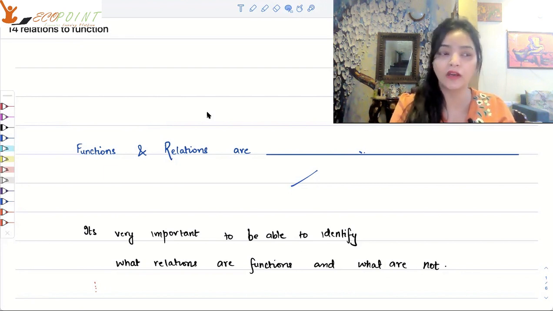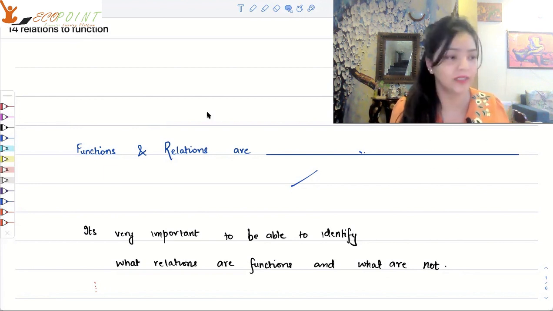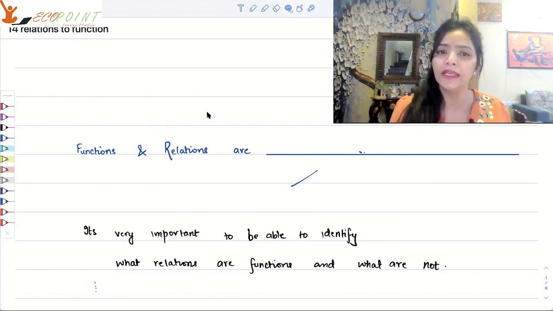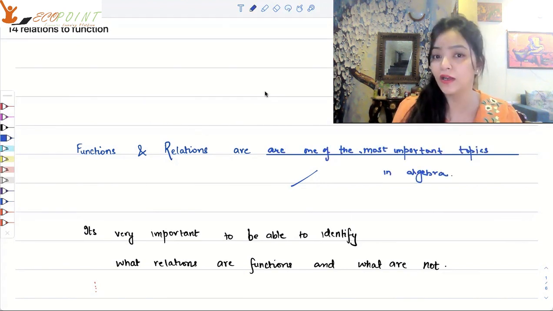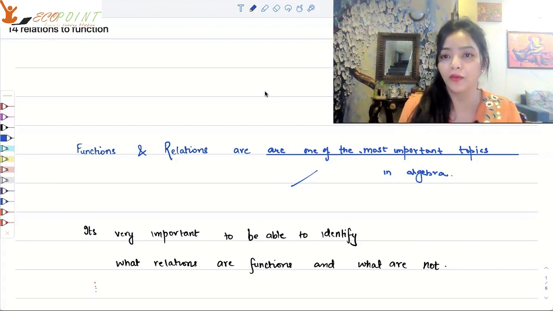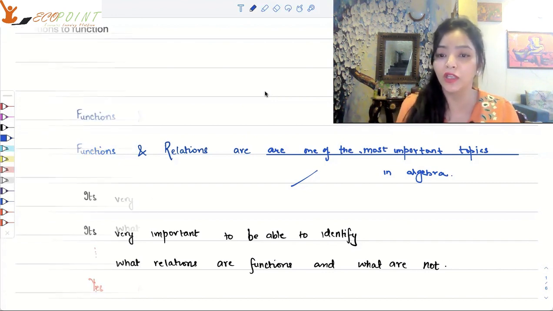And functions are such an integral part of any branch of mathematics, be it economics, be it physics. Everything that you work upon, you create a function and then you analyze it. Functions and relations are some of the most important topics in algebra. It's very important to be able to identify which relations are a function and which are not.